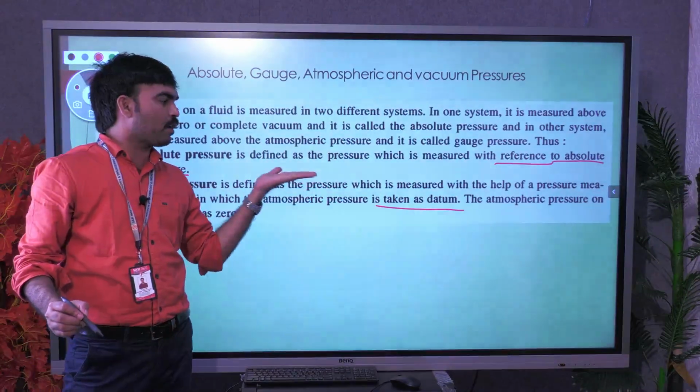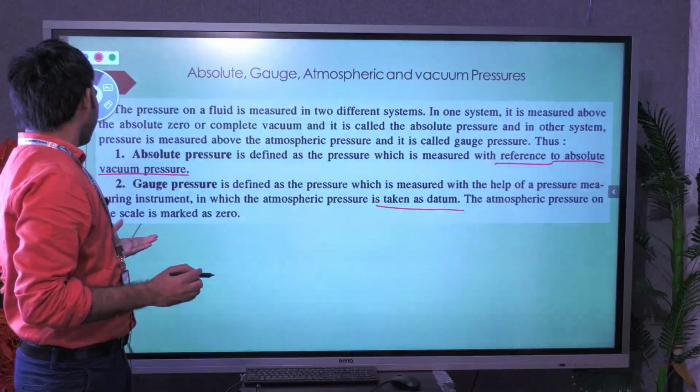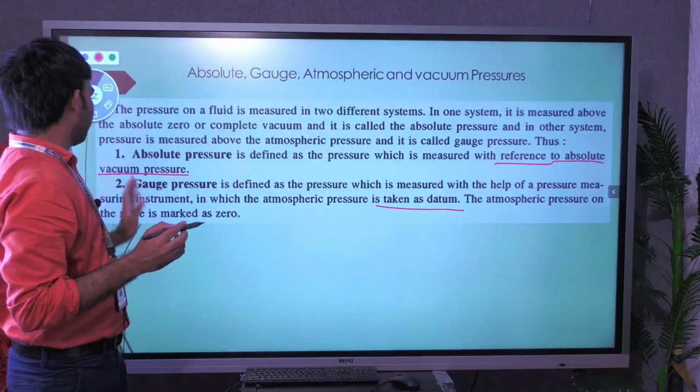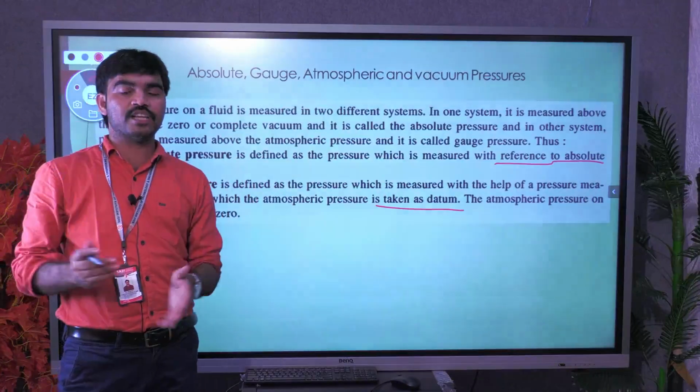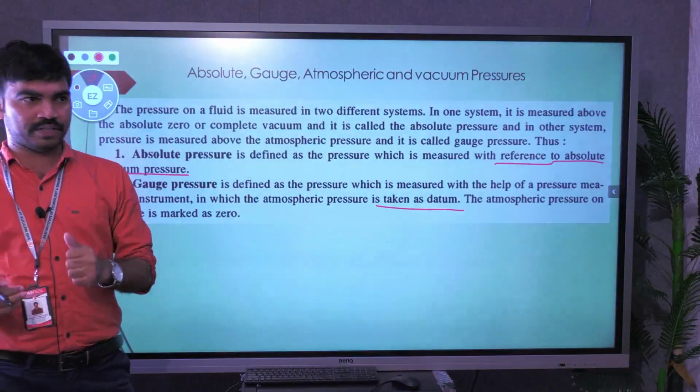So if you take atmospheric pressure as a reference line or datum line, that pressure you can call gauge pressure. So in the gauge pressure, the atmospheric pressure is taken as a reference.